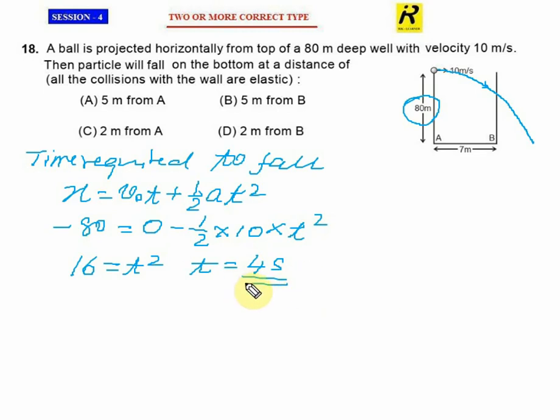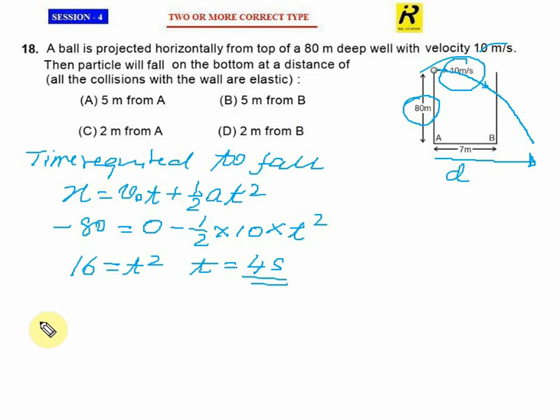During this interval, the ball will make some horizontal displacement, this much. That can be calculated with the given horizontal velocity, which is 10.